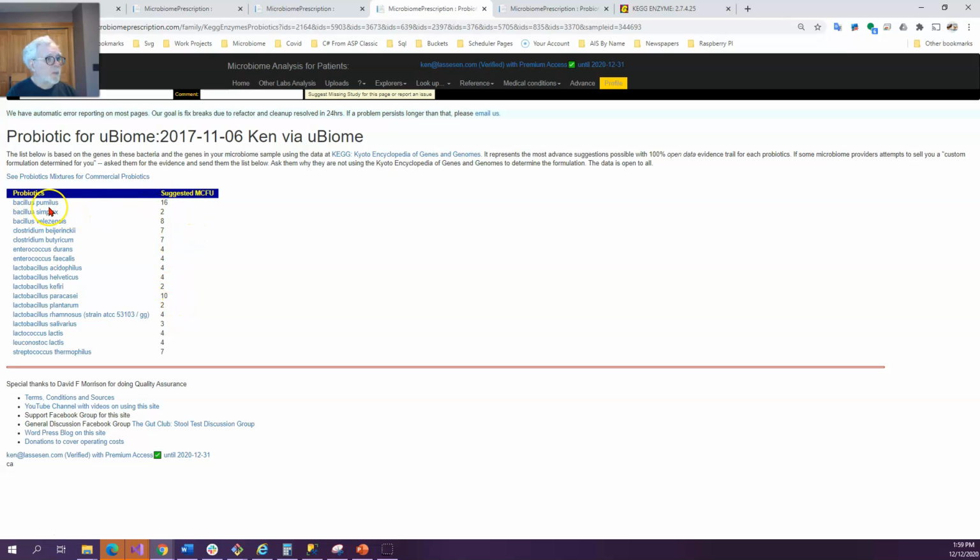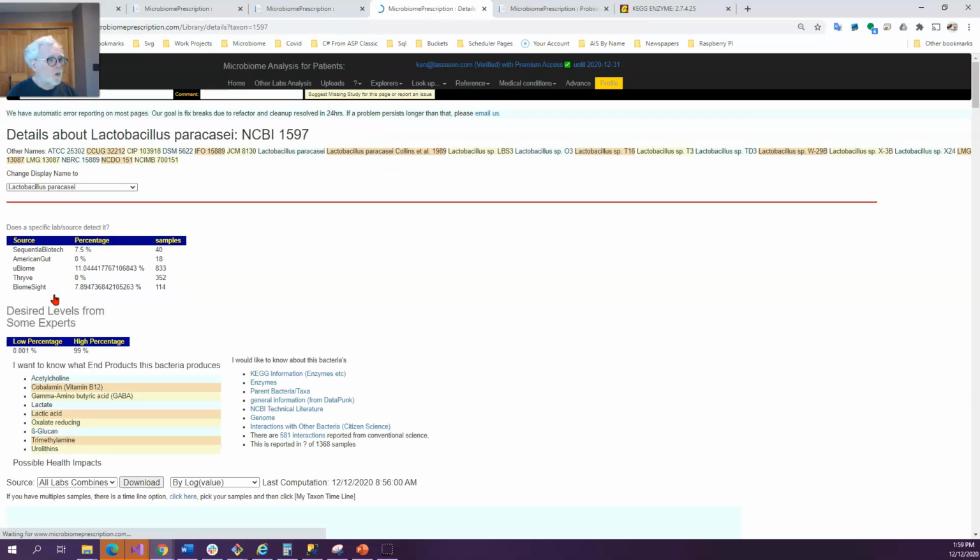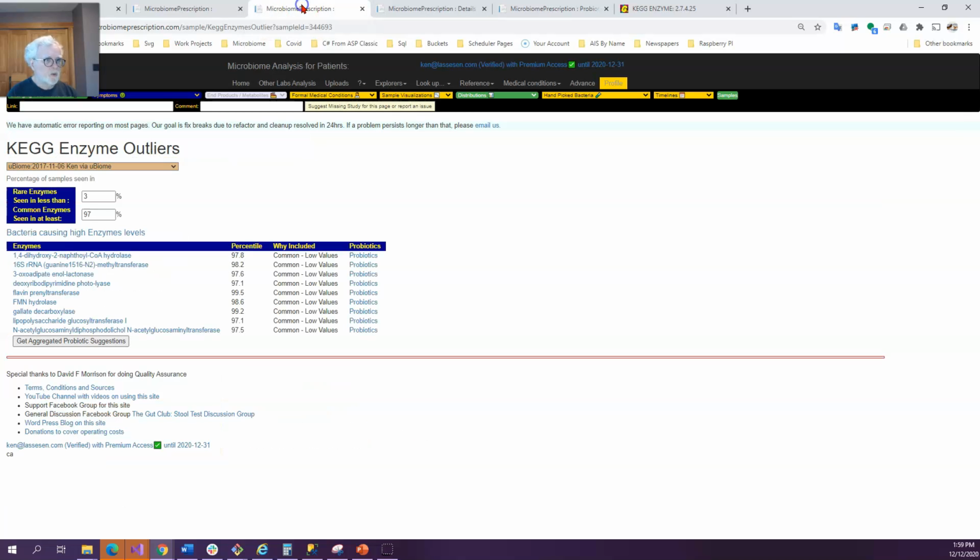This one, Bacillus primaris, we have 16. That means it is producing 16 of the enzymes. This one produces 10. Others of them are producing less of the enzymes which we are low in. Okay, and if you again click view, you go over and get more information about it and can follow through ad nauseam in terms of information overload.